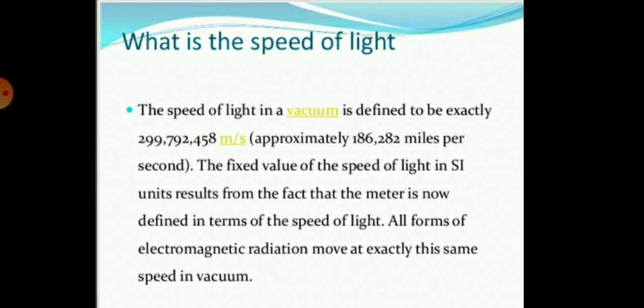The speed of light in vacuum is defined to be exactly a fixed value, measured in units of meters per second. But children, the fixed value of the speed of light in the SI unit results from the fact that the meter is now defined in terms of the speed of light. And all forms of electromagnetic radiation move at exactly this same speed in vacuum.